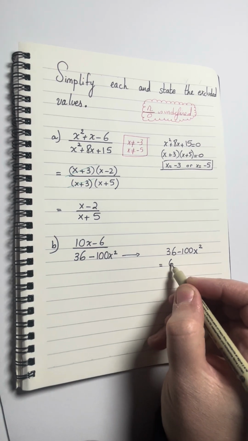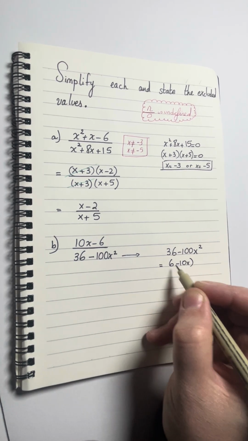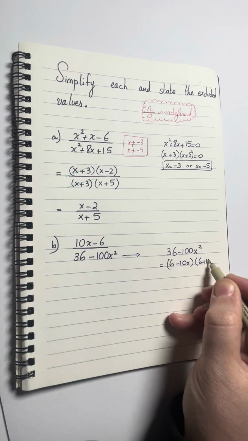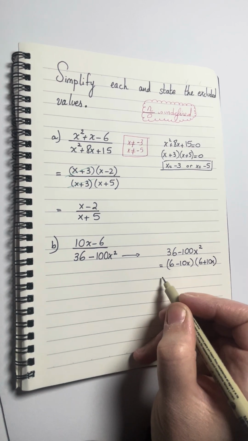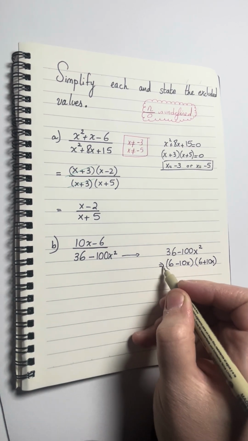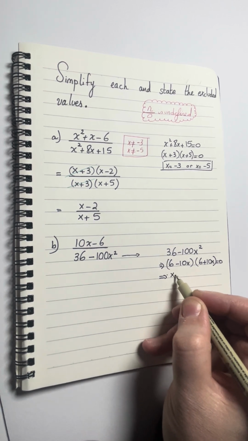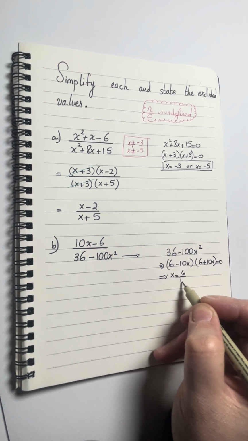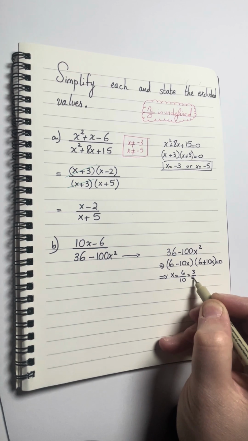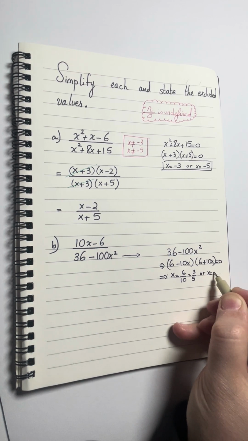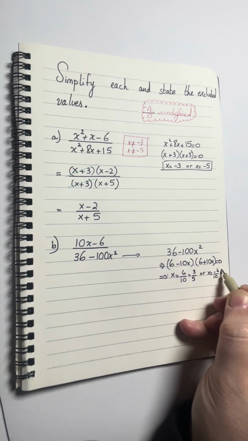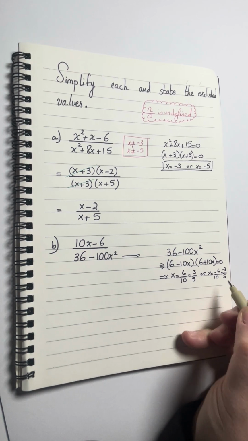So this is equal to (6 minus 10x)(6 plus 10x). Equating this to 0, this implies that x is equal to 6 over 10, which is 3 over 5, or x is equal to minus 6 over 10, which is minus 3 over 5.